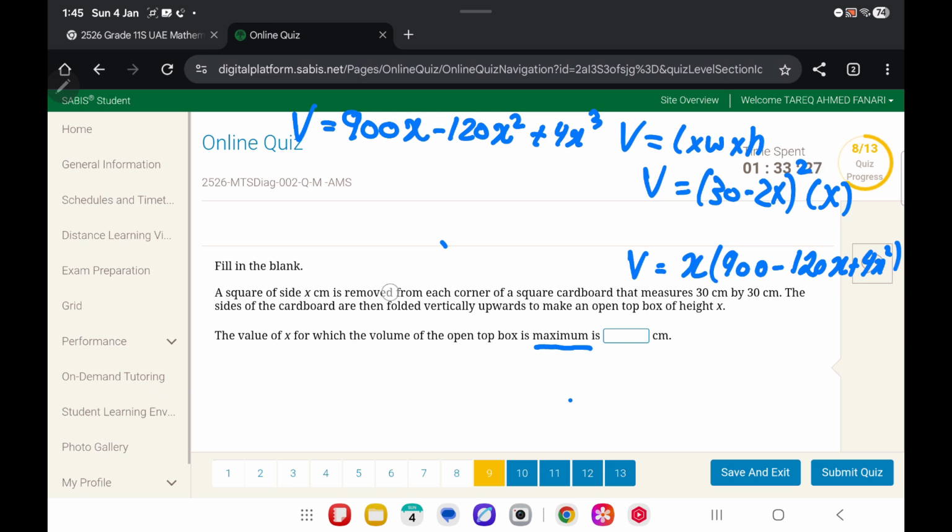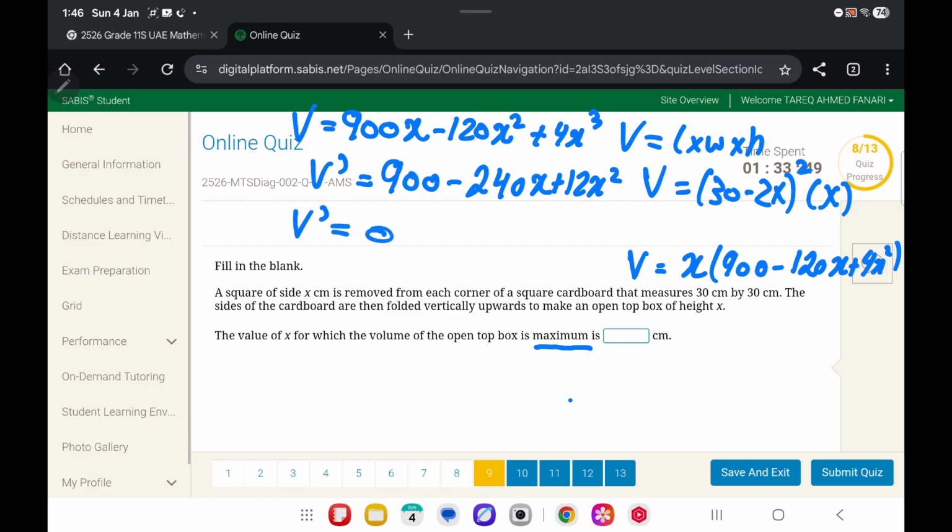Okay, now that this is all clear and it's a bit easier to solve, I need to find v prime. V prime is what? 900 minus 240x plus 12x squared. I need to set this equal to 0. So v prime is equal to 0.